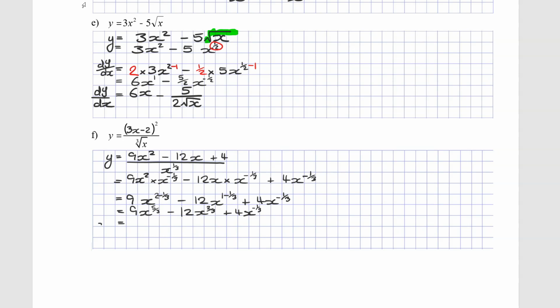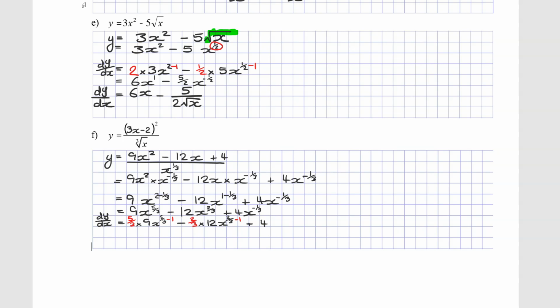Alright, so now taking the derivative, we're going to get dy over dx, or change in y with respect to change in x. Then we simply get the power, 5 over 3, multiply it by our original coefficient, then the power 5 over 3, and we're going to take it down a notch, minus 2 over 3 times 12x to the 2 over 3, take 1 off, as that is our rule.